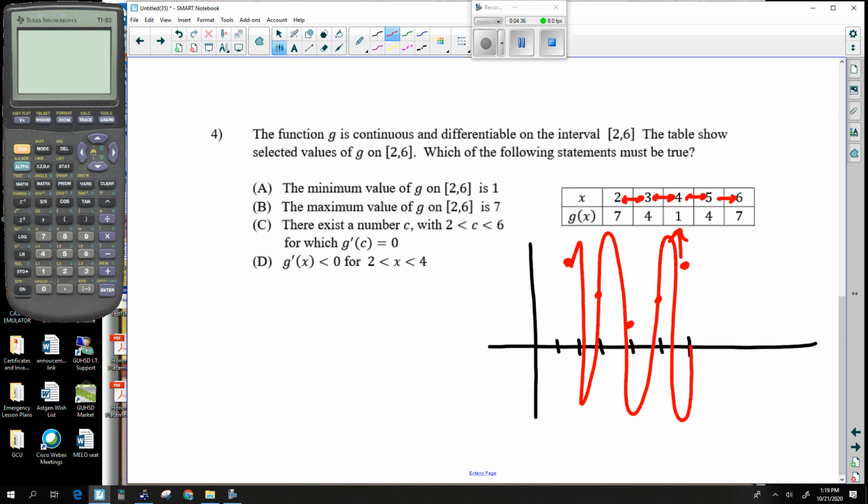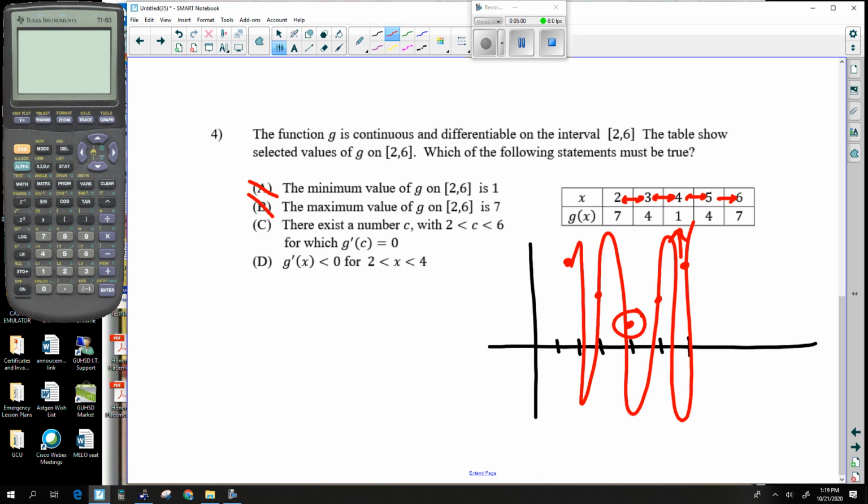So can you definitively say that that's a minimum? No. That is not definitively true. The maximum value is 7. Again, it's not definitively true.